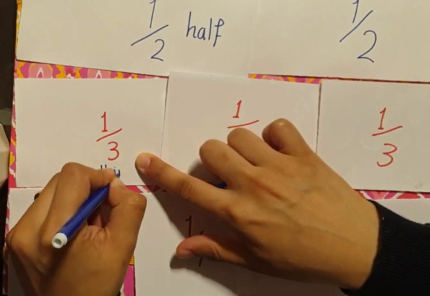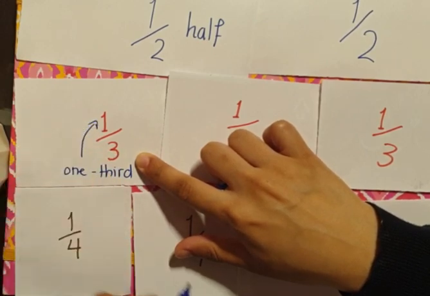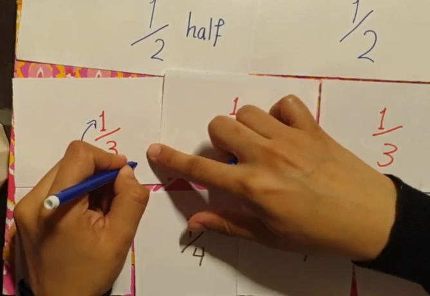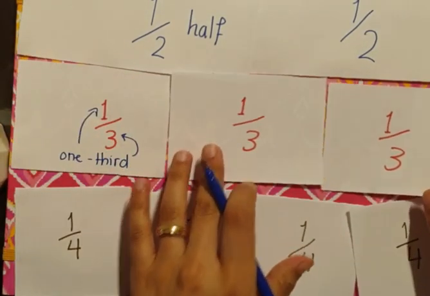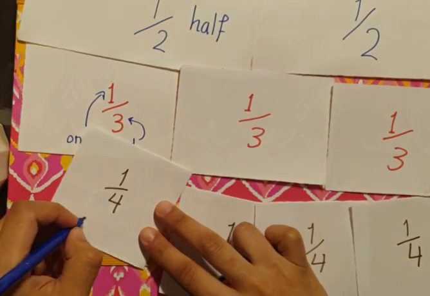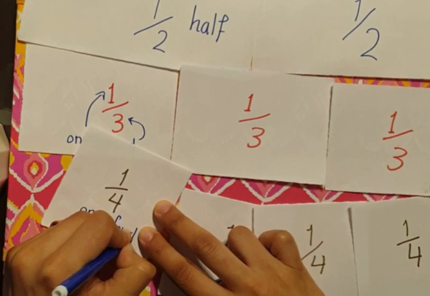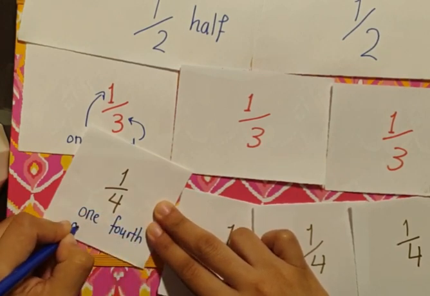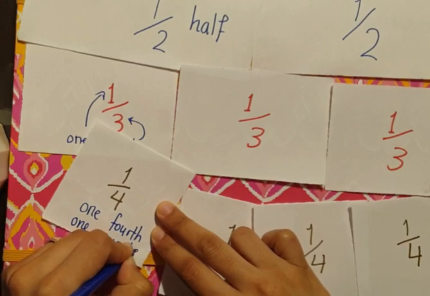I call it 1/3, as you know, because this is 1 part, and the total piece is divided into 3 parts, so I call it 1/3. Here I will call this 1/4.